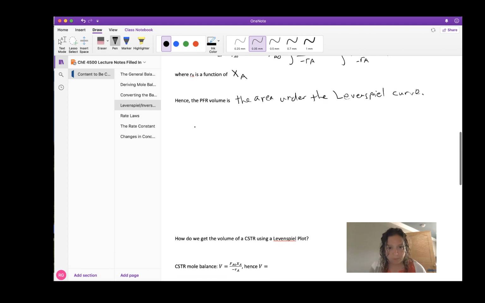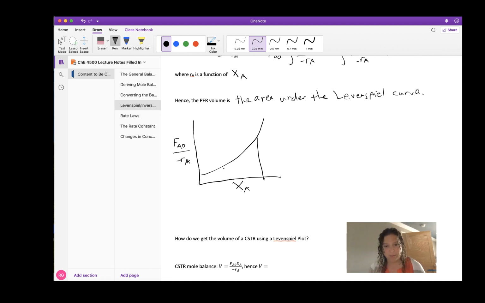So if I draw that out, I have FA0 on this axis, I have XA on this axis, and I have some trend. I want to estimate the volume of a reactor to achieve some conversion, some value of conversion here.